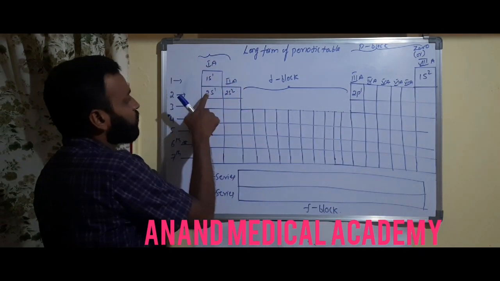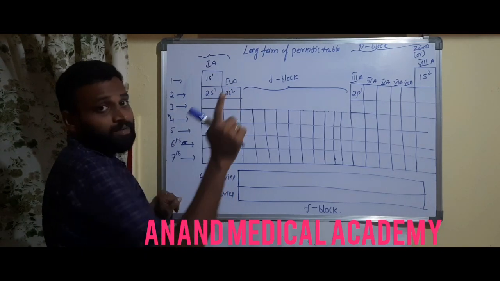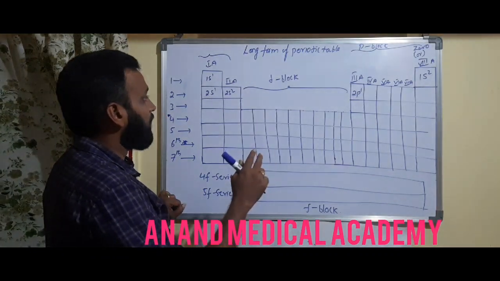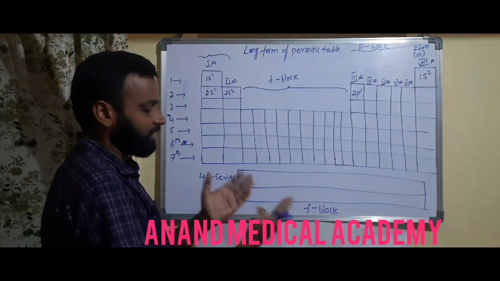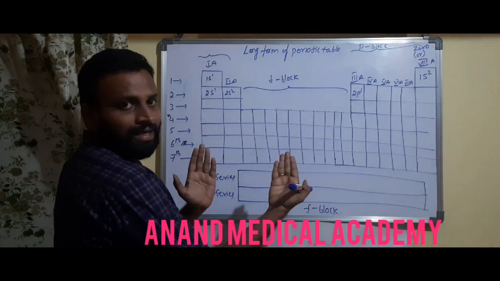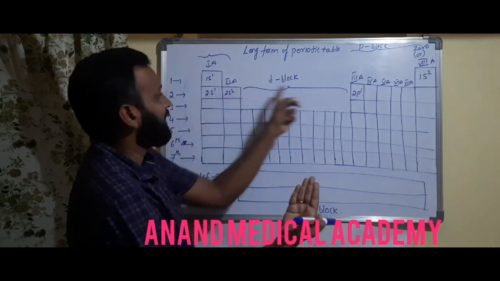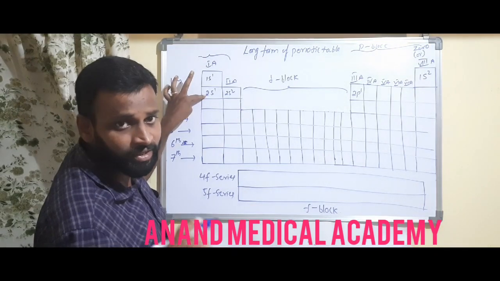That means 2S1 is lithium, and 2S2 is beryllium. Let's see the electronic configuration which I gave along with this periodic table. Keep your electronic configuration with you and write down these elements simultaneously. Who will come here? Lithium. You can check the lithium electronic configuration.